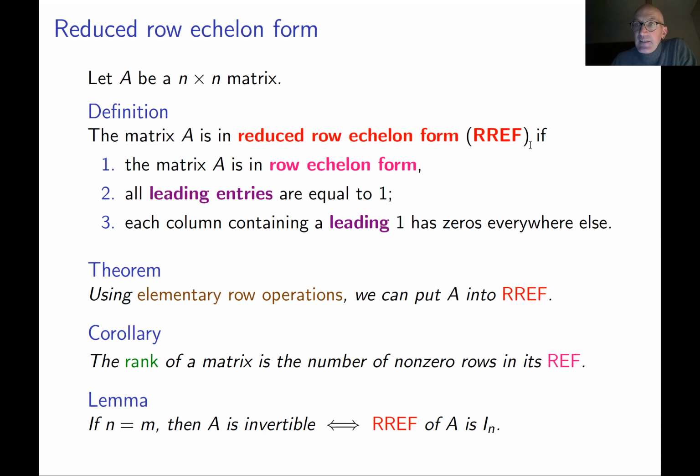So in this case, it's impossible. Then you immediately obtain, basically by definition, that if you have no 0 rows, on the diagonal you must have ones. All diagonal entries are leading entries, and below and above them, all other entries are 0. This is exactly the identity matrix. Okay, this is a special case for square matrices.